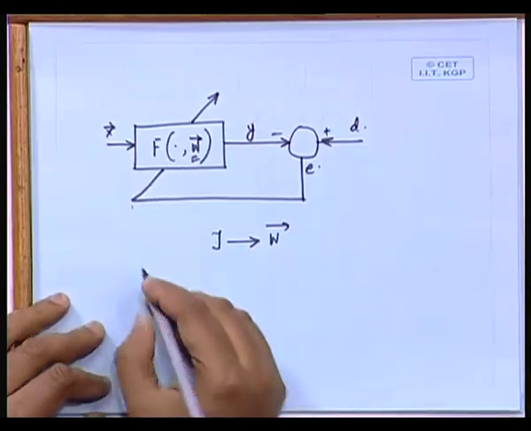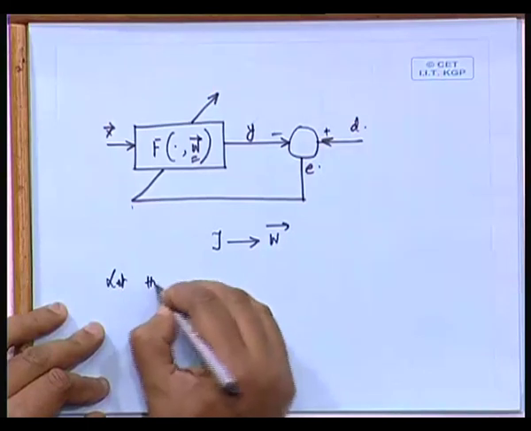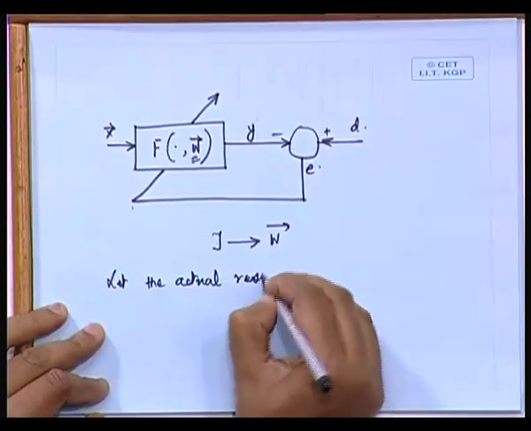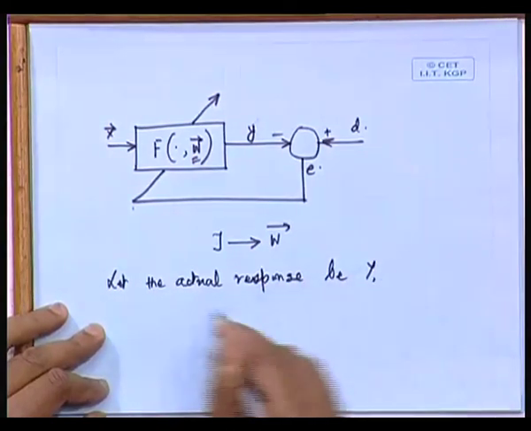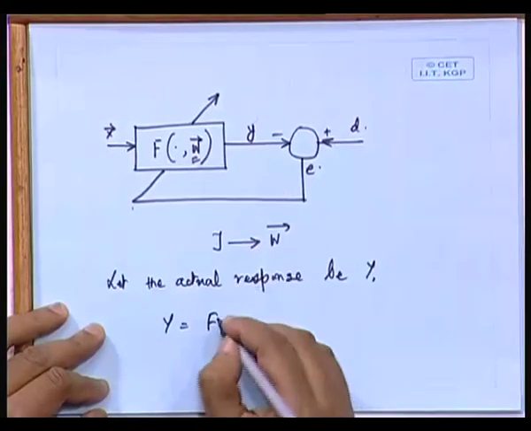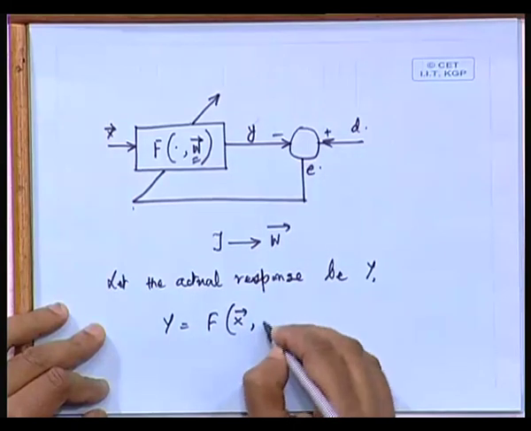Let the actual response be y, so that we have y equal to f of x vector comma w vector.